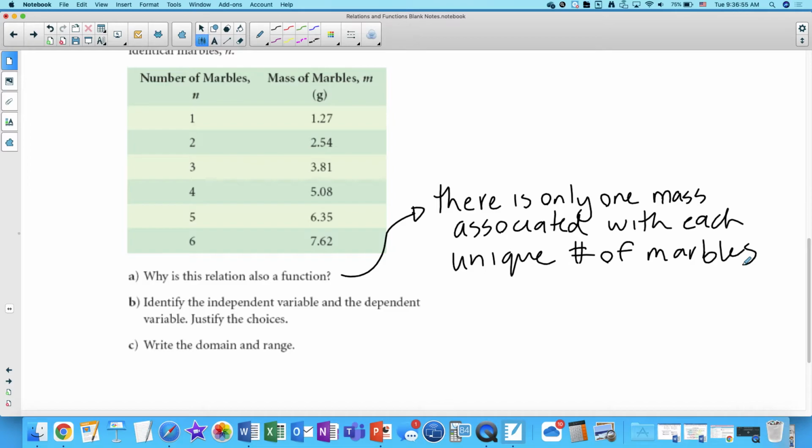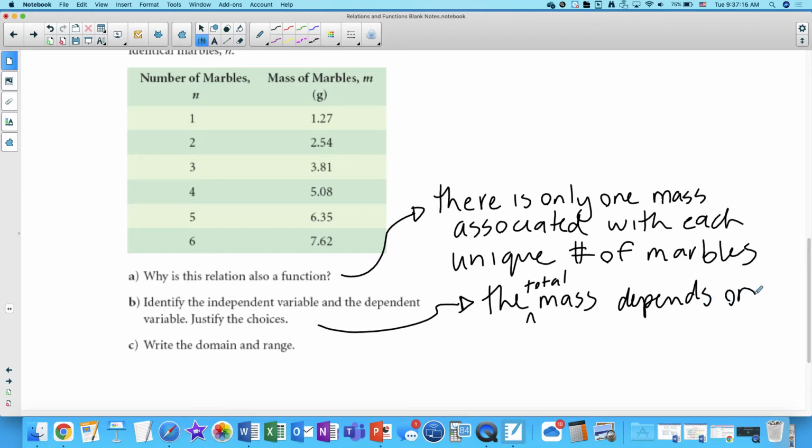So you could also say the total mass depends on the number of marbles on the scale. There are lots of different ways that you could express that.